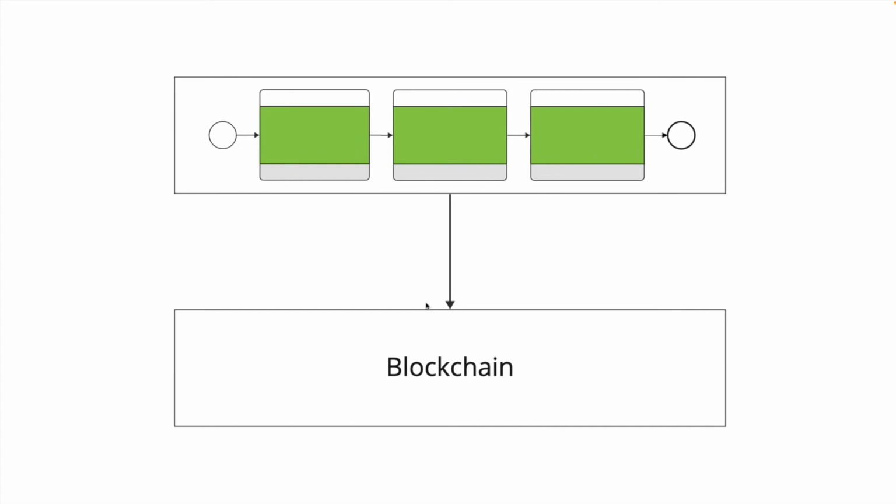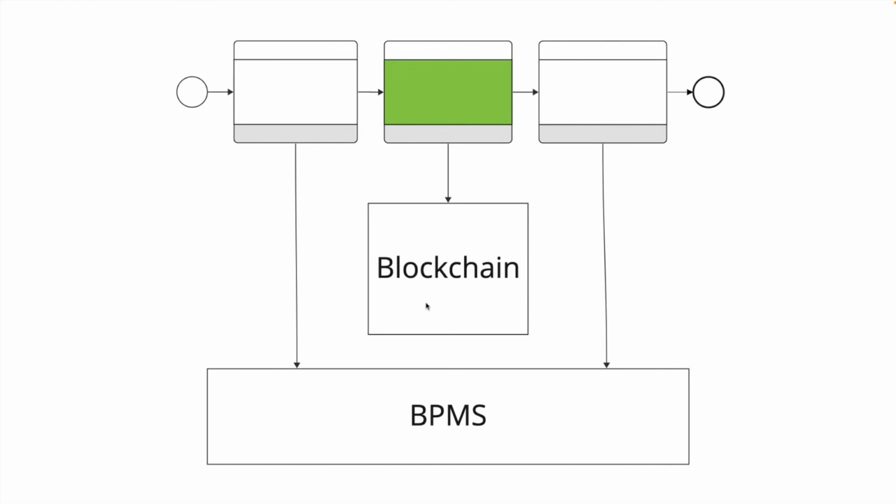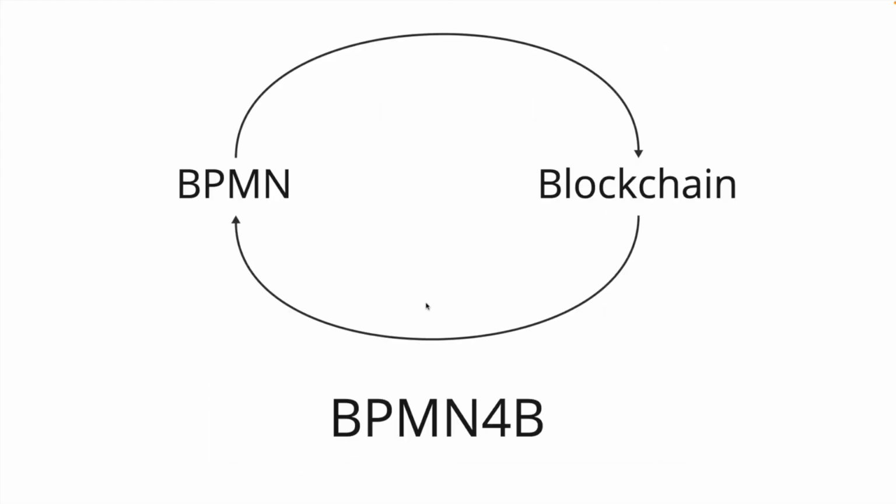For example, in this case, the entire choreography is placed on chain. Or it could be placed on a BPMS, traditional workflow engines. Or just like in our case, we can have some of the choreography elements on chain while the others happen off chain.